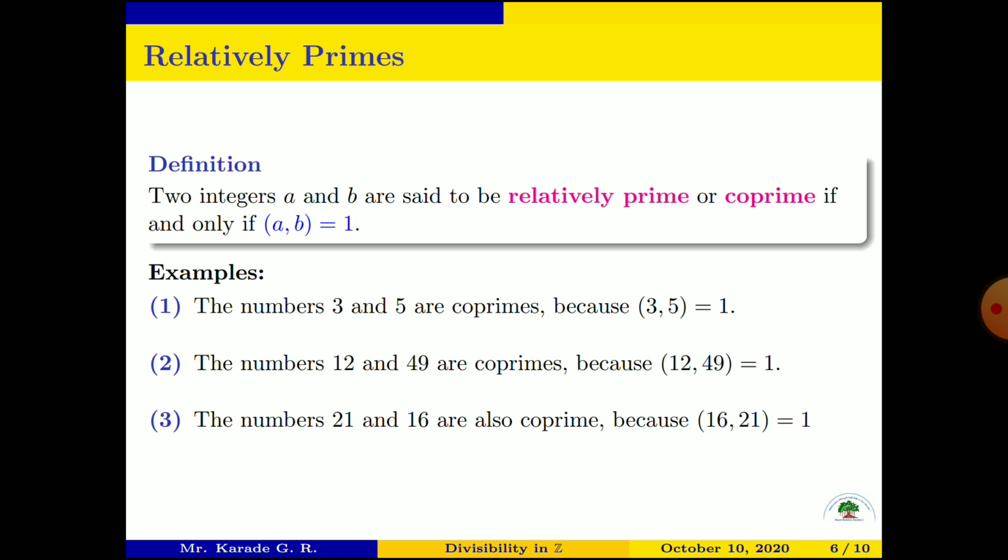The numbers 12 and 49 are co-primes because GCD of 12 and 49 is 1. Example third, the numbers 21 and 16 are also co-prime because the GCD of 16 and 21 is 1.